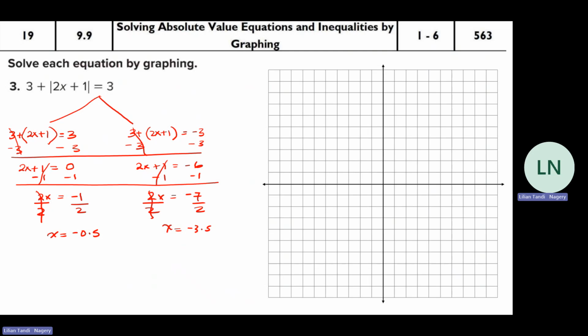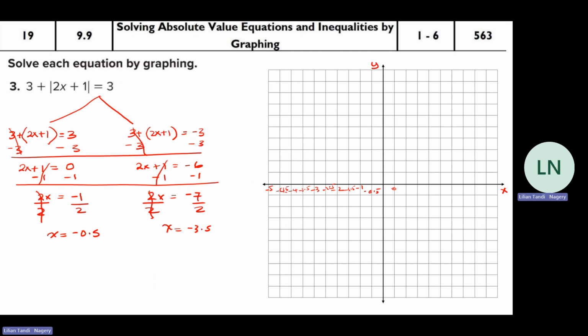So on my x-axis, I will go by half. That's what I will do. So this will be negative 0.5, negative 1, negative 1.5, negative 2, negative 2.5, negative 3, negative 3.5, negative 4, 4.5, negative 5.